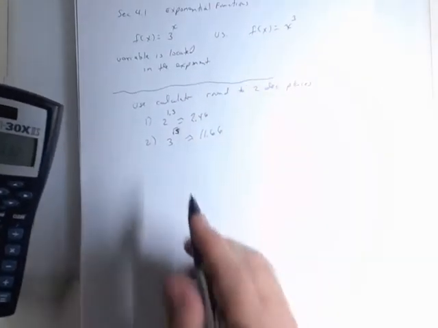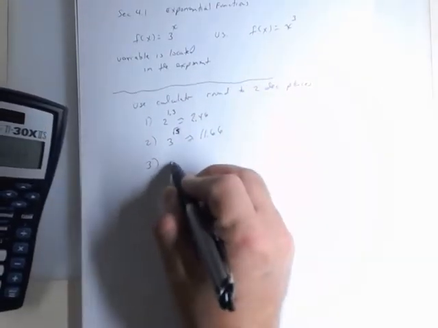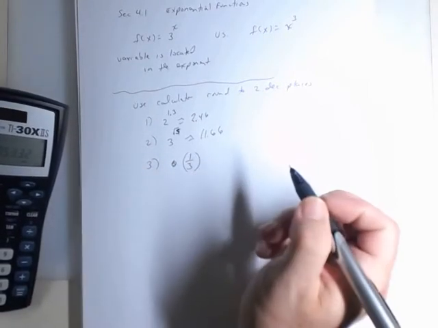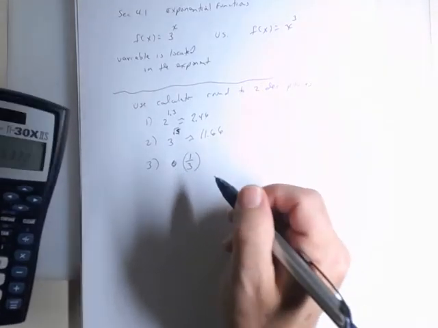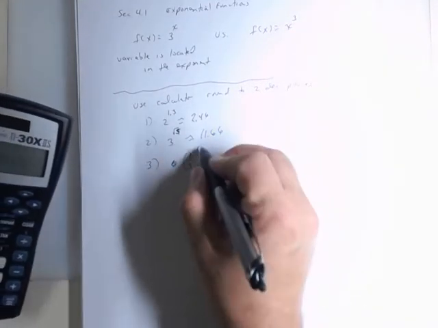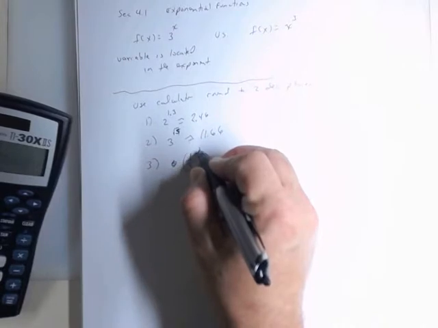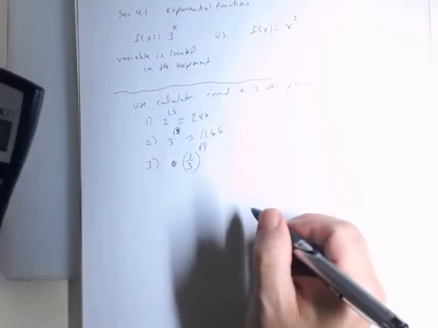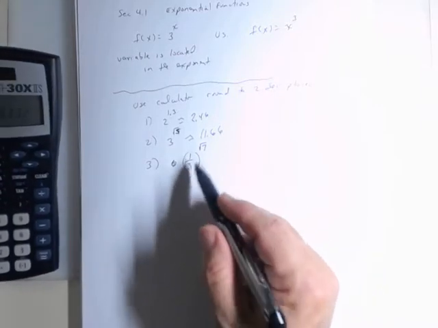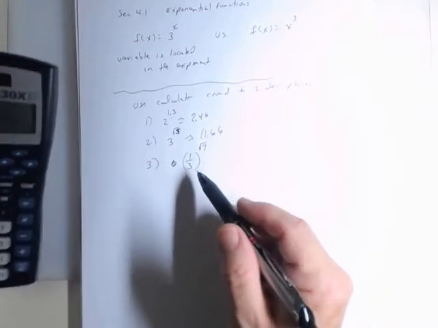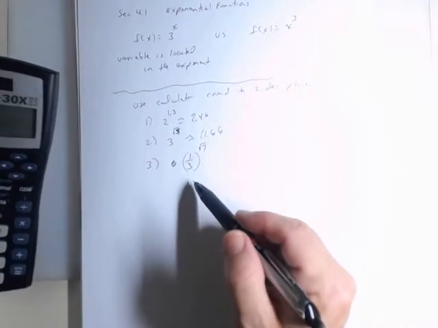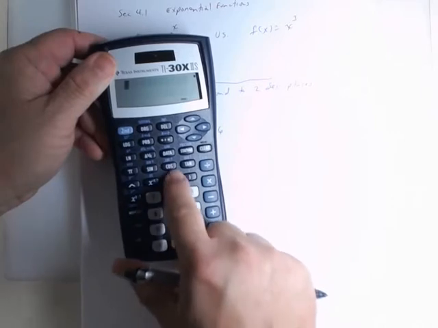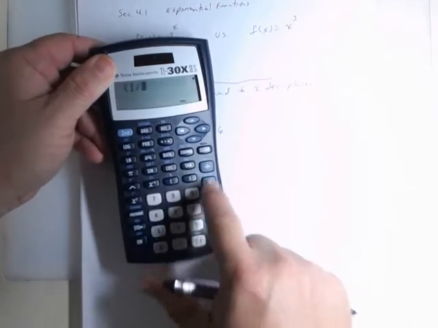All right, 3. 1/3 raised, notice I put 1/3 in parentheses, 1/3 raised to the square root of 7. All right, now see how the base is a fraction? You got to put that in parentheses. So you're going to put parentheses. Then I say 1 divided by 3.